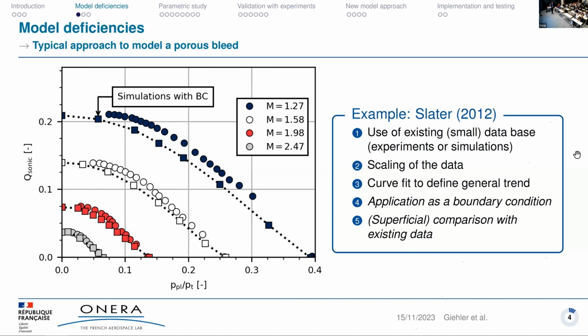And sometimes you find also a comparison, like here, where you see now that the simulations with the boundary condition do not completely fit the reference data, which is actually a bit strange because you saw that the regression fitted perfectly or almost perfectly.